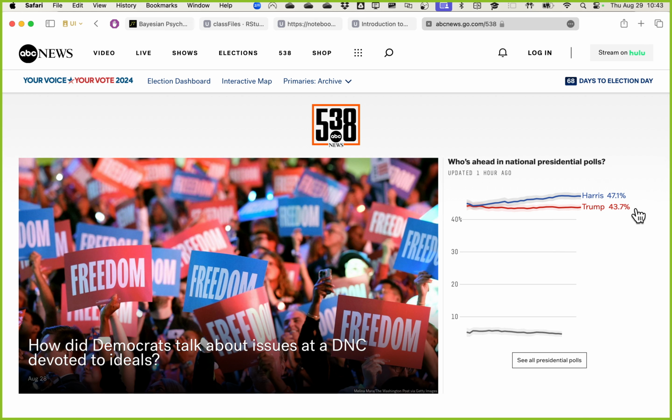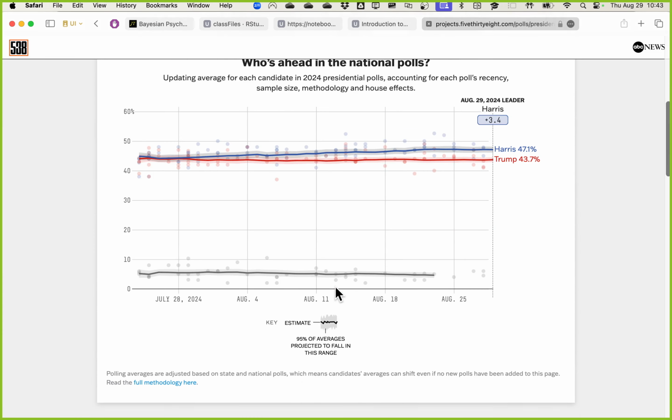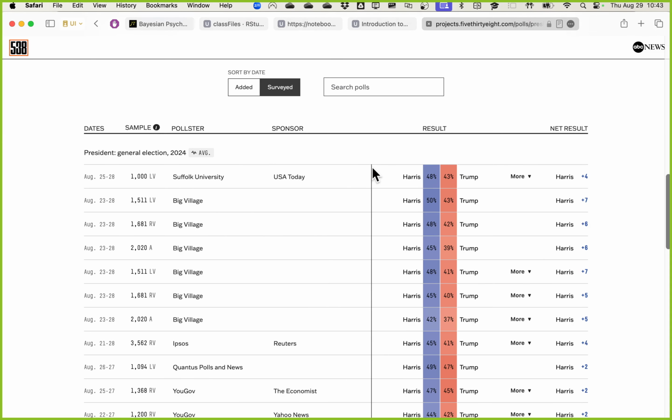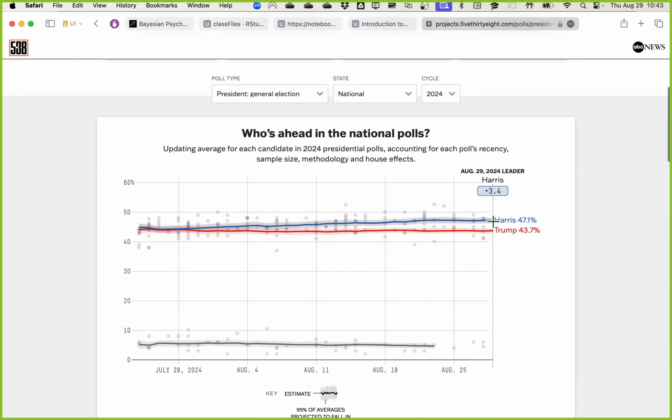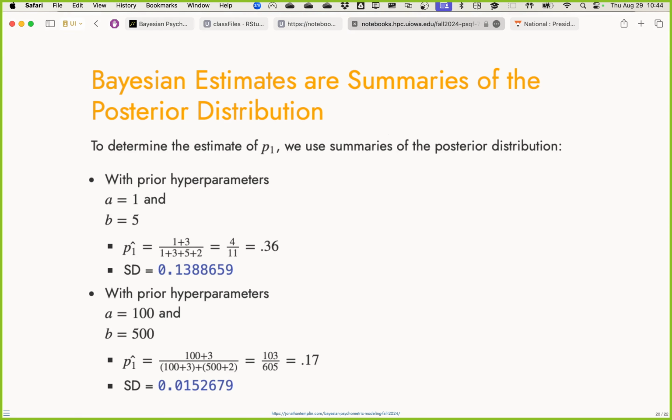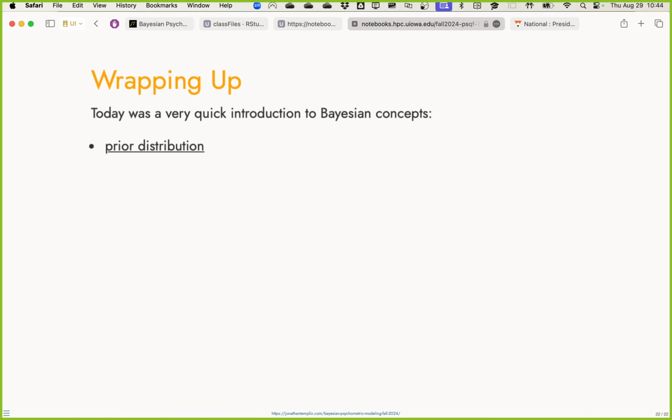These are the point estimates of the posterior distribution based on the polling data that's in the system. Now, as new polls get released, this model gets rerun, and the new estimates get updated. And those updated estimates are now prior distributions for the next analysis. So Bayesian updating is super informative, super awesome.